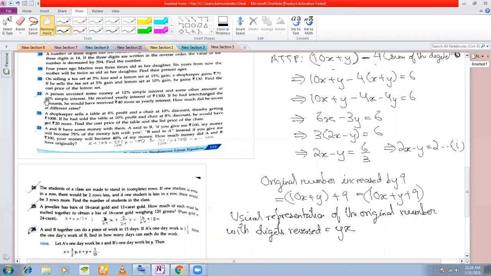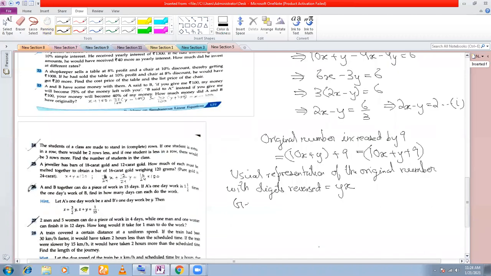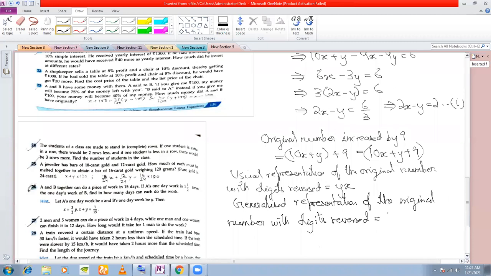Initially it was xy, now it is yx. So what is the generalized representation of the original number with digits reversed? It is equal to 10 into y plus x into 1, which is equal to 10y plus x.